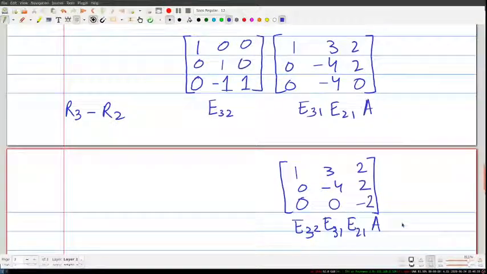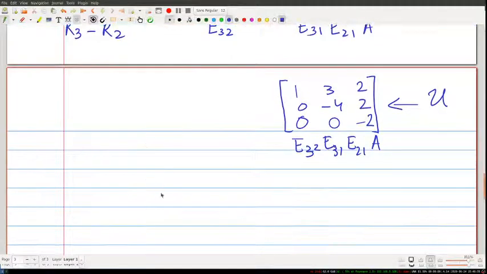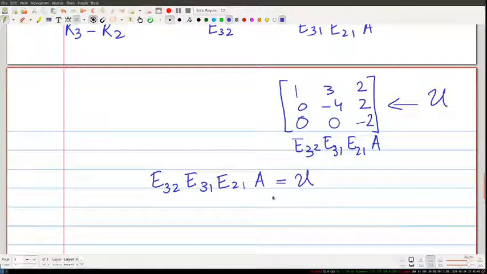And there we go. After 3 elimination matrices, we've finally gotten this upper triangular matrix. So let's just call this U. And so my equation becomes E32, E31, E21 A is equal to U, right?